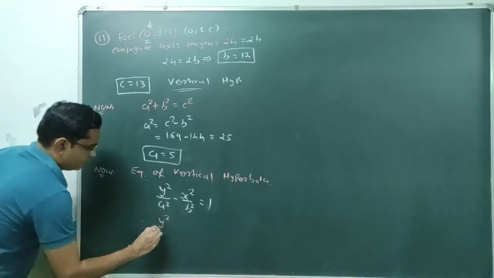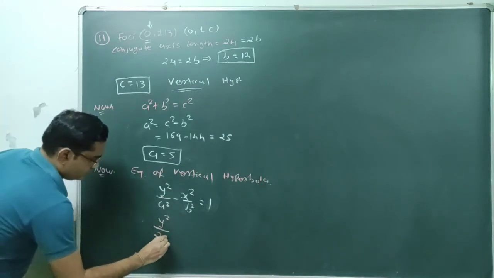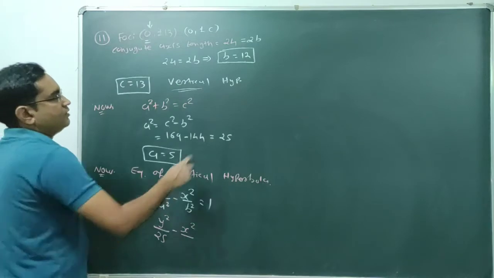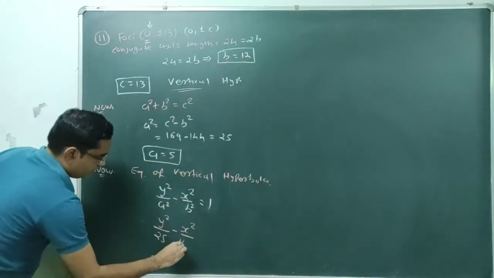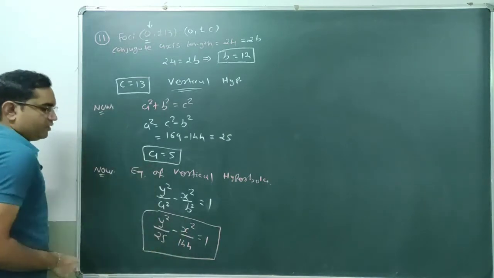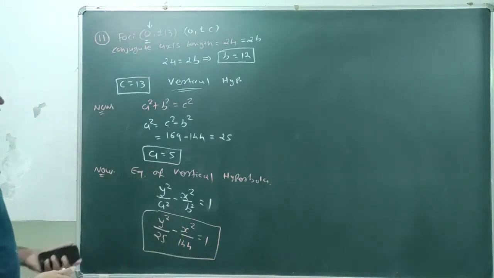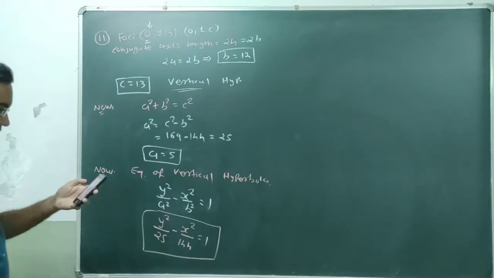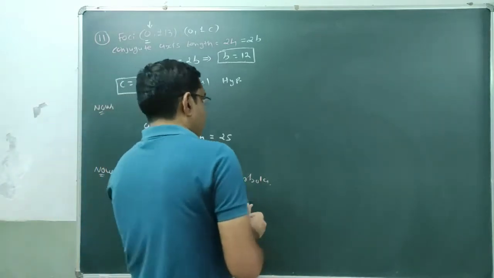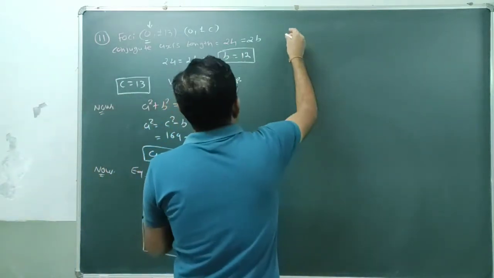Therefore our answer is y square by 25 minus x square by 144 equals 1. This is the equation of the required hyperbola. So this is your question number 11.